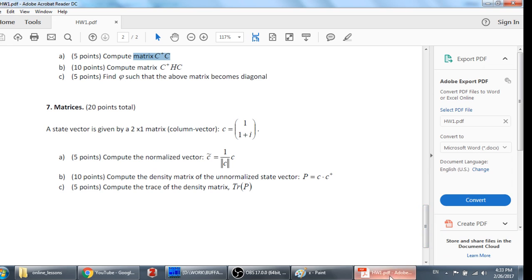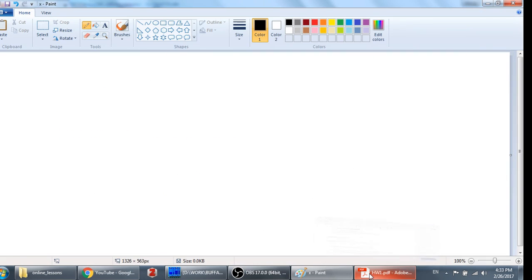vector multiplications. So first we want to compute the normalized vector, and our vector C is 1 and 1 plus I. Now here we have complex valued components of the vector, and we want to compute the norm of the vector.